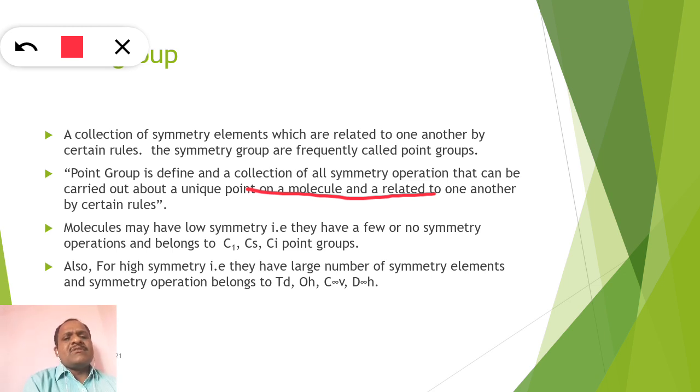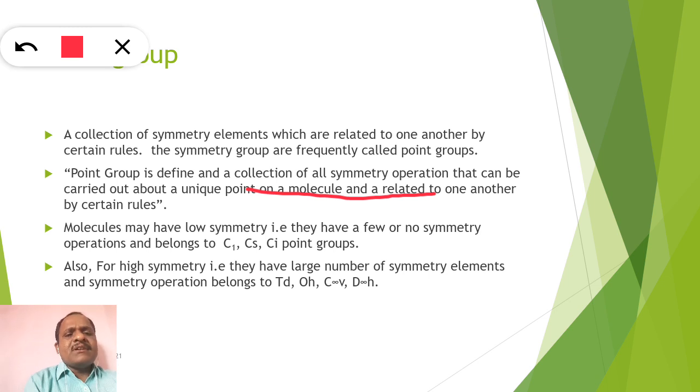That rule is generally called a point group. Right? Everybody understood that? Again I will repeat. A collection of symmetry operations that can be carried out at a unique point on a molecule and related to one another by certain rules, that is called a point group.